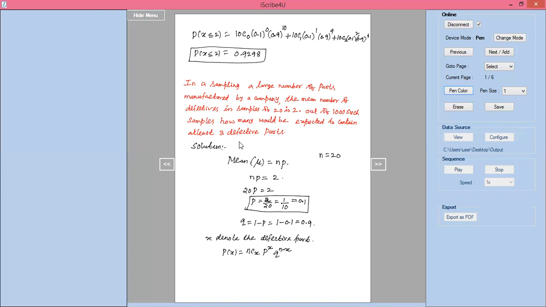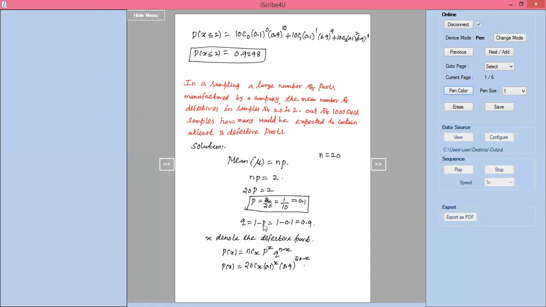Now P of X equal to, n is nothing but 20, so 20Cx. p we found out is 0.1, whole power x, into q is 0.9, whole power n, that is 20 minus x.